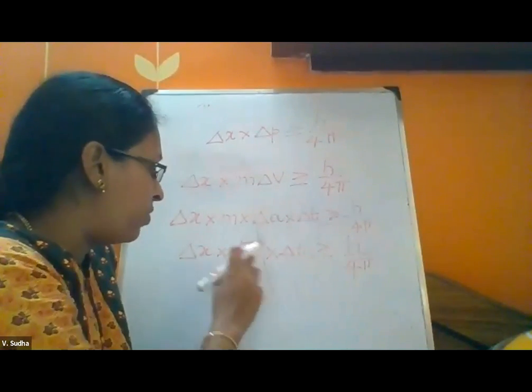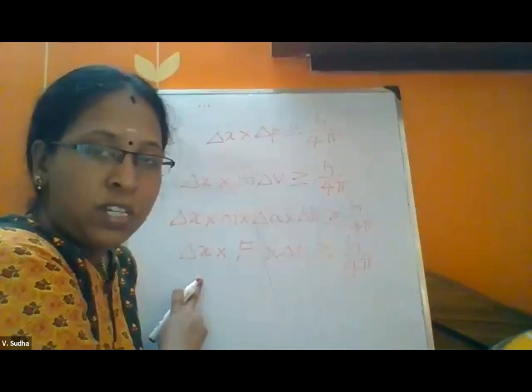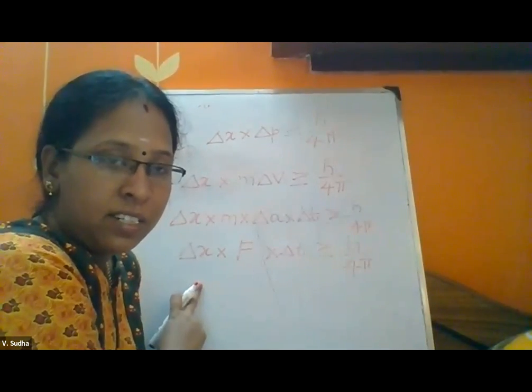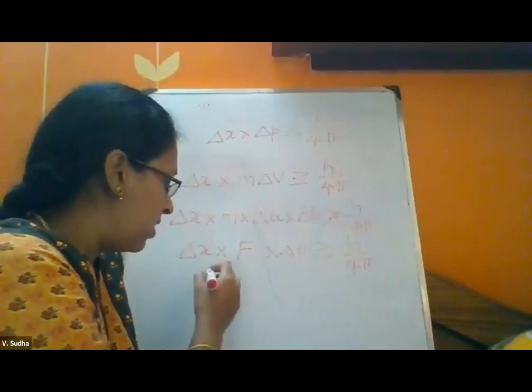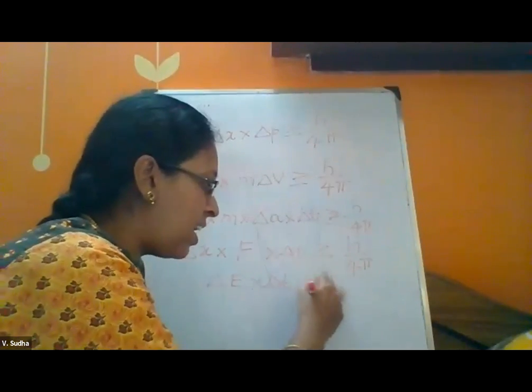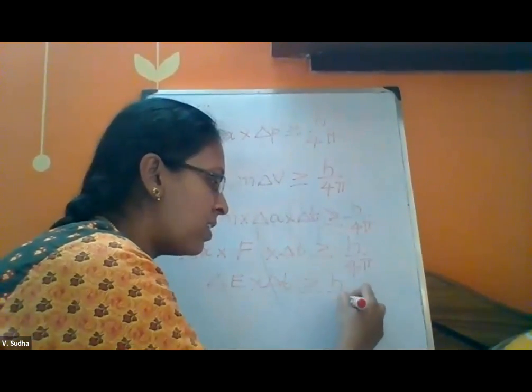What about x in force into x? Position, right? Force into position is nothing but energy. So delta E into delta t is greater than or equal to h by 4 pi. This is correct.